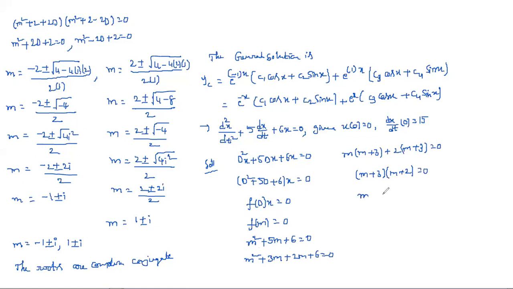So then we get the roots m is minus 2, minus 3. So the roots are real and distinct. Therefore the complementary function is c1 e power minus 2x plus c2 e power minus 3x. We should not write y. Why? Because here it is having x. So x, not y. So simply here you need to write x is equal to this one.